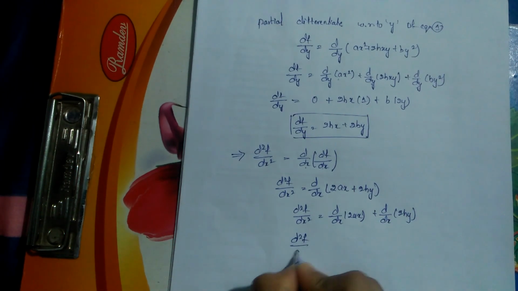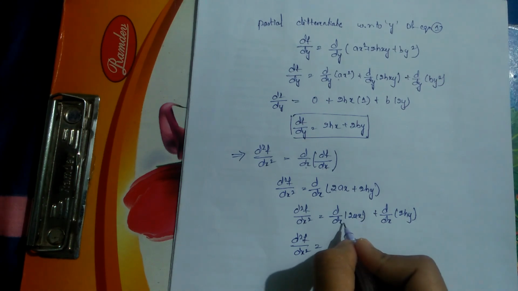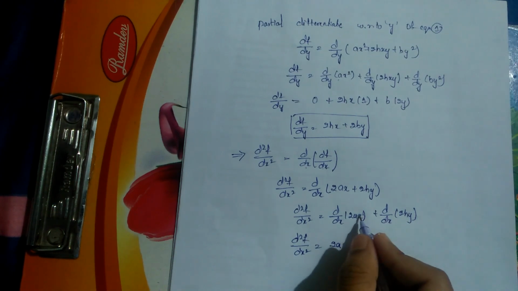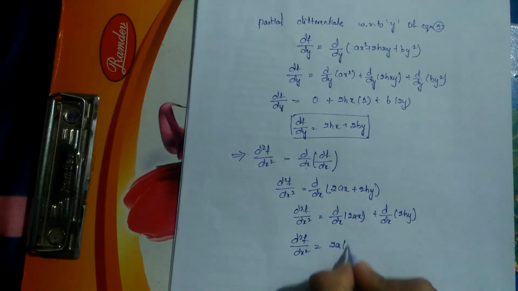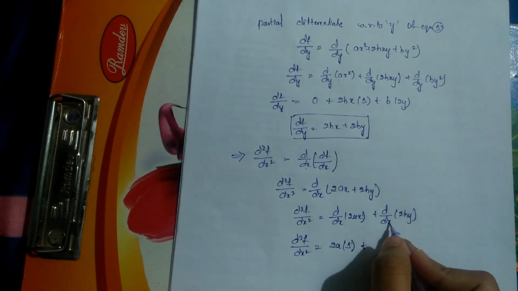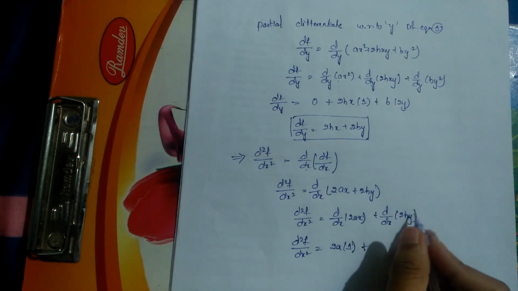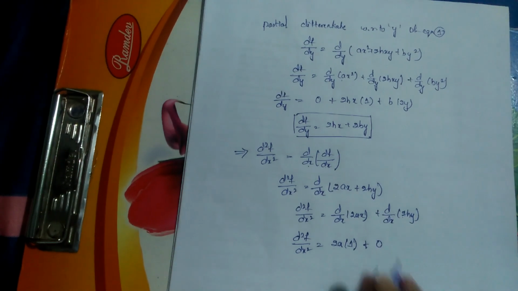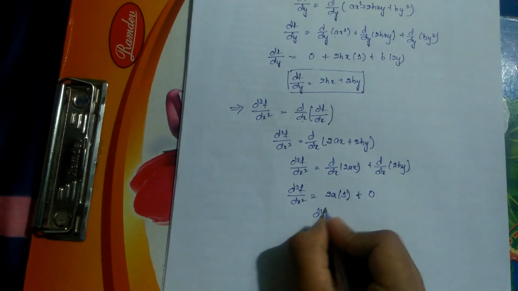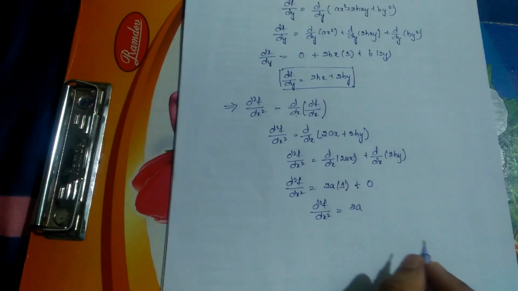Then 2ax is differentiated with respect to x; 2a is a constant, write 2a as it is, and x differentiated with respect to x gives 1, plus 2hy differentiated with respect to x. As there is no x variable in this term, the whole differentiation becomes 0. So dou square f by dou x square is equal to 2a.